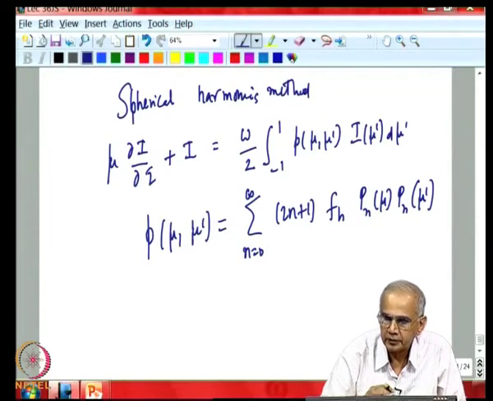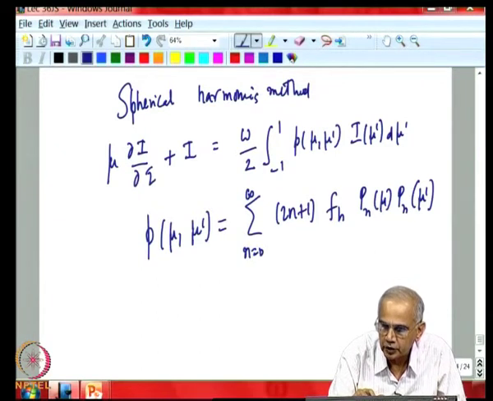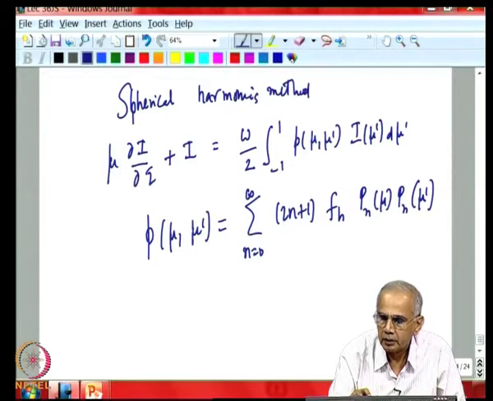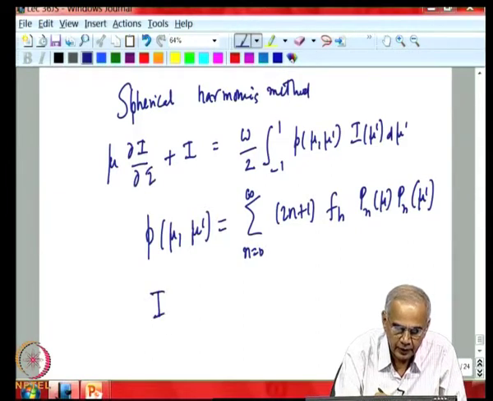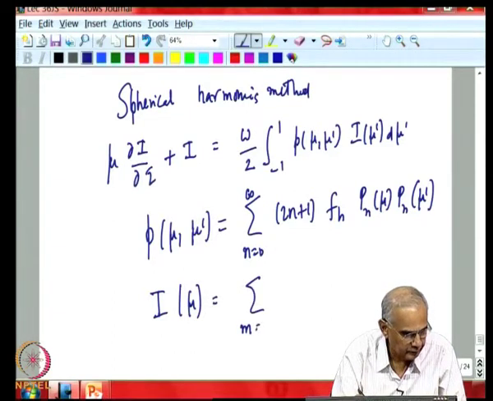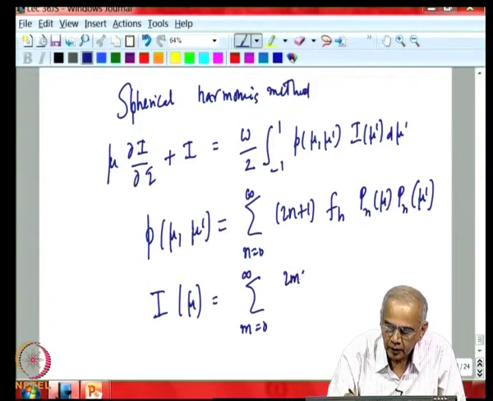You substitute this here. So, the advantage is this function is now uniquely known, and to go further we need to make some assumption about I. So, for I, the intensity, we are going to assume that the intensity can be expanded also in terms of Legendre polynomials.